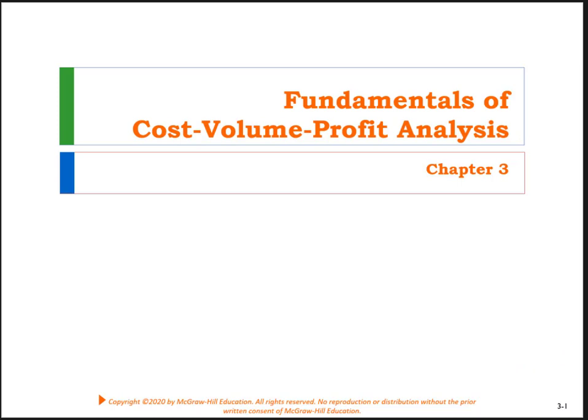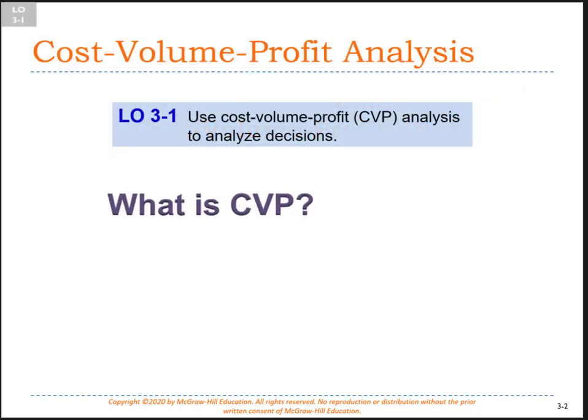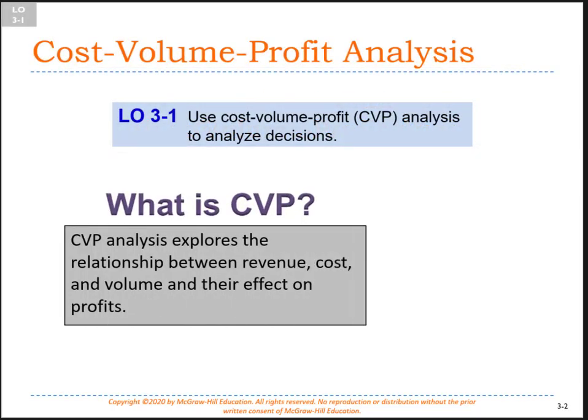All right, so that's what we mean by cost, volume, profit analysis. It really is the relationship between revenue and costs and what happens when you increase or decrease, for that matter, the volume, how much you're making.